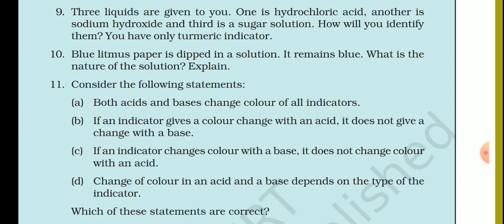The bases and the neutral substance do not have any effect on the blue litmus paper, because bases turn red litmus to blue, and neutral substances also don't have any effect on litmus paper. So the nature of the solution can be basic or neutral. Okay, so write down the answer.